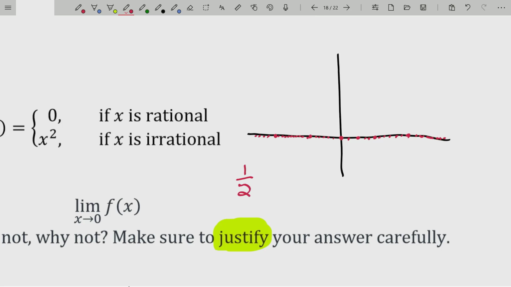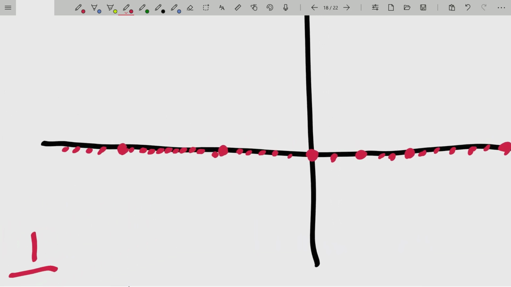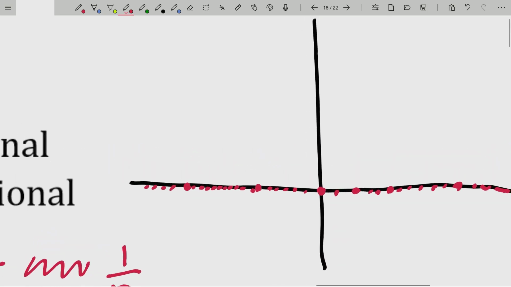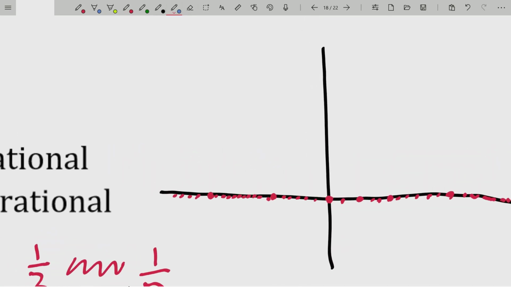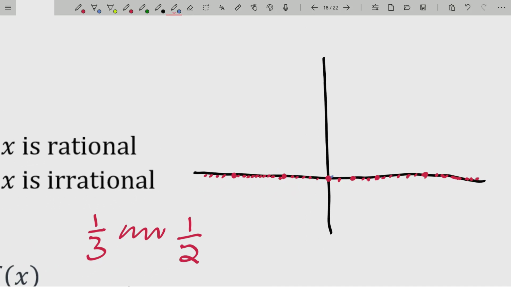Between any two rational numbers, like 1/2 and 1/3, there's an infinite number of irrational numbers. So between any two dots right there, there's an infinite number of irrational numbers. And if you start plotting out what they go to, x squared.